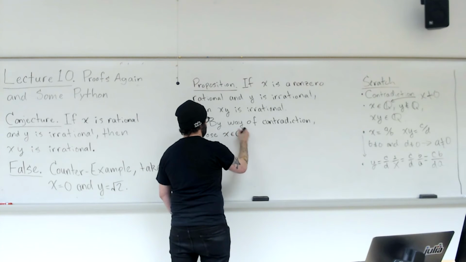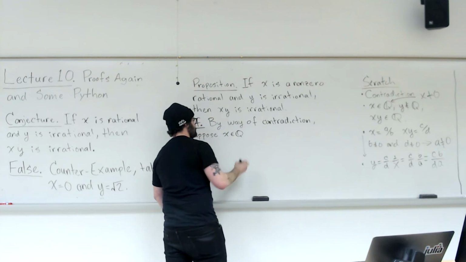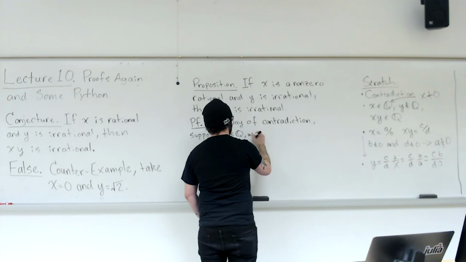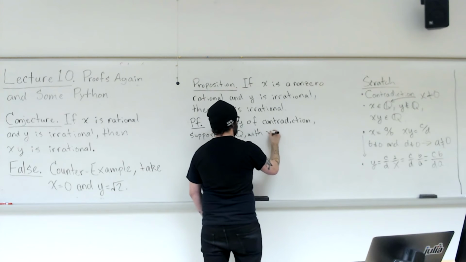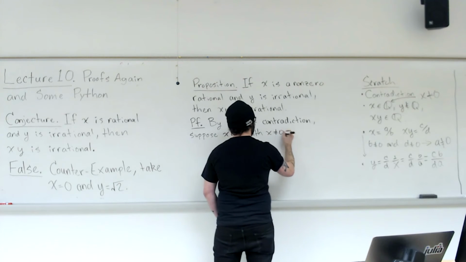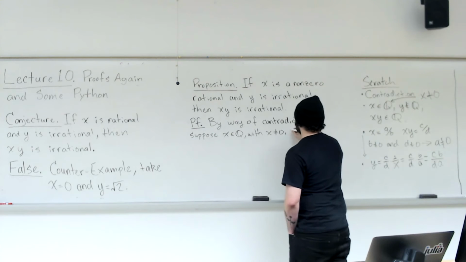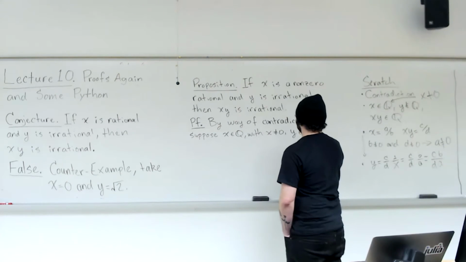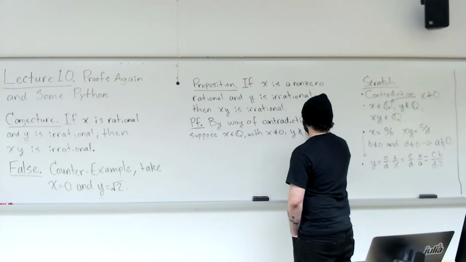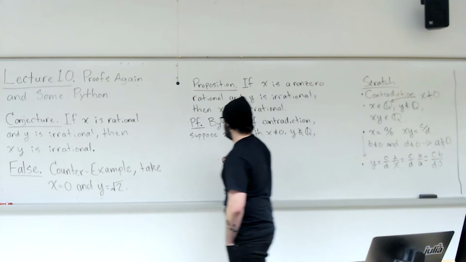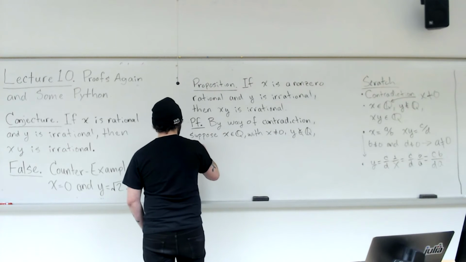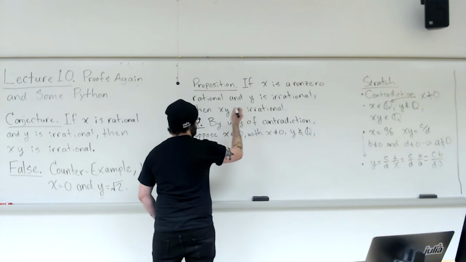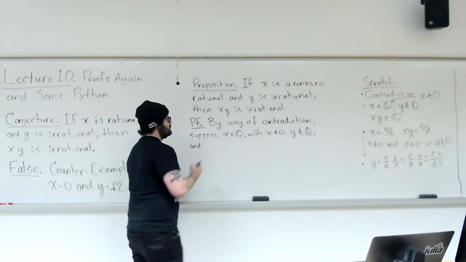Maybe X is irrational with X not equal to 0. Y is not rational, and the negation of the conclusion, which is that XY is indeed rational.